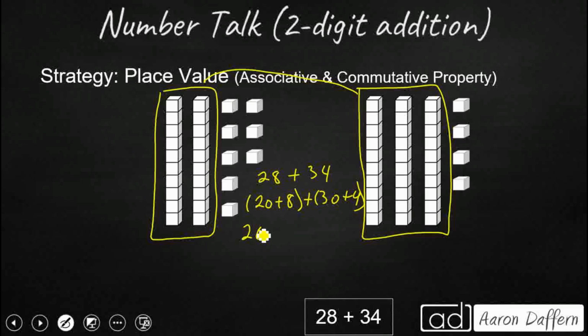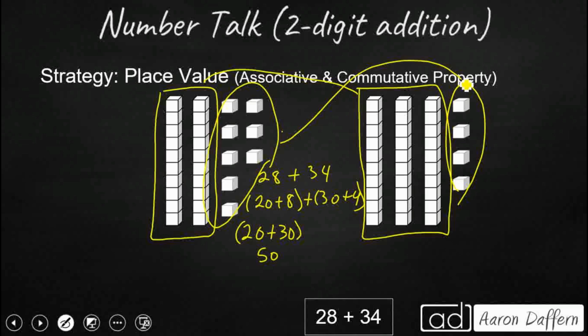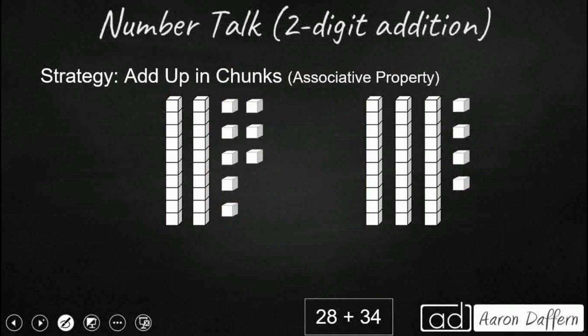Let's put our 20 and 30 together. So that's 50. Now we need to pick up our ones. Right, we've got an 8 and we've got a 4. So let's put those together. 8 and 4, that makes 12. So 50 and 12, guess what we get? That same answer of 62.